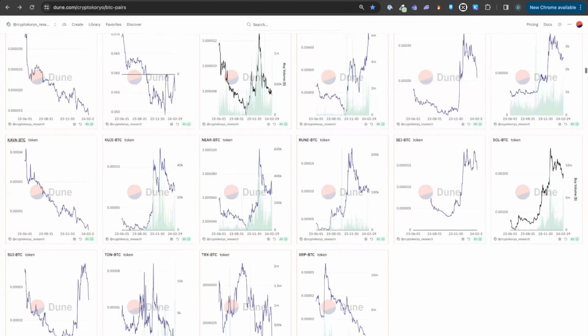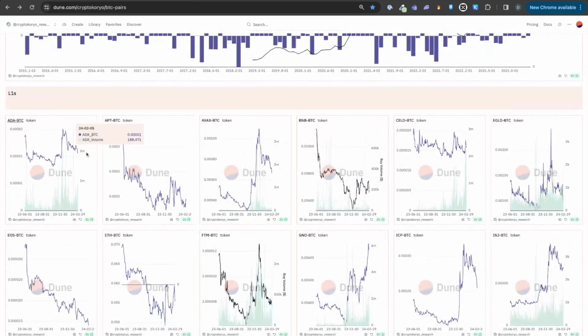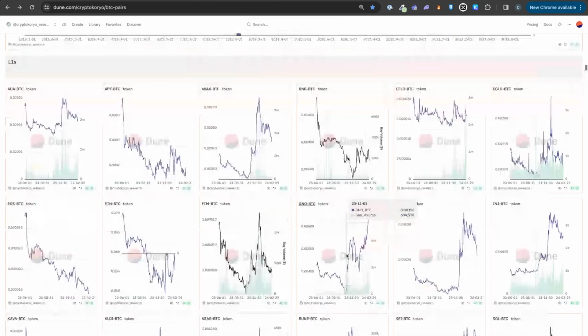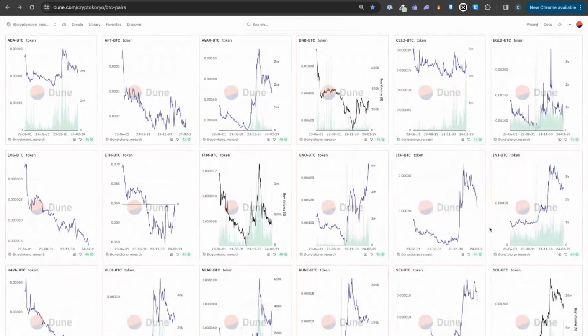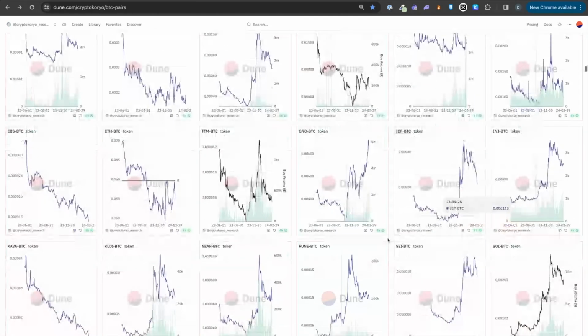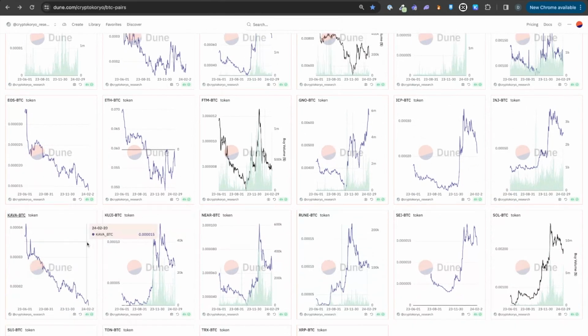And so at first glance, as we said, you want to make money. This is one thing in USD terms, but you also want to outperform the market. That's why you're seeing the BTC pair here. Looking at this more closely, you can see, for example, Kava in a downtrend. Although if you look at Kava in USD terms, maybe it's going up, but it's underperforming Bitcoin.